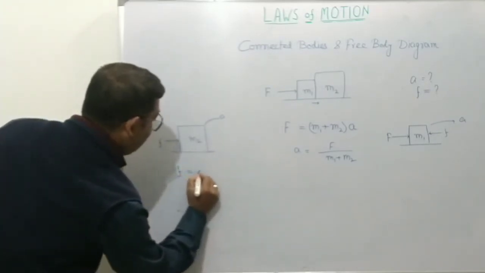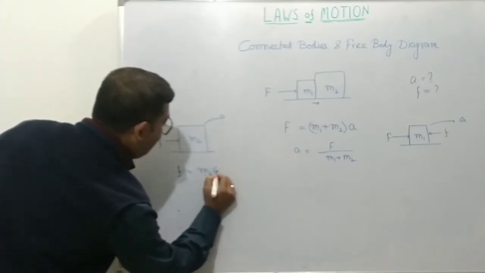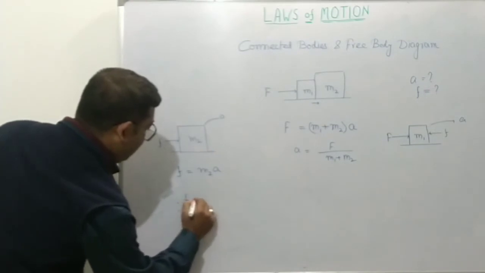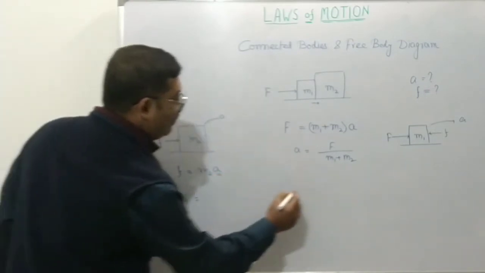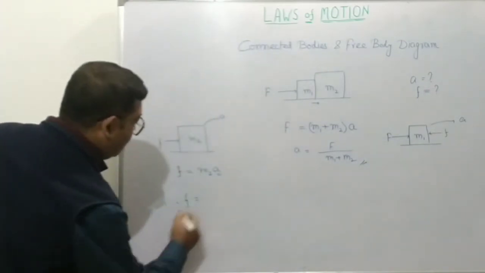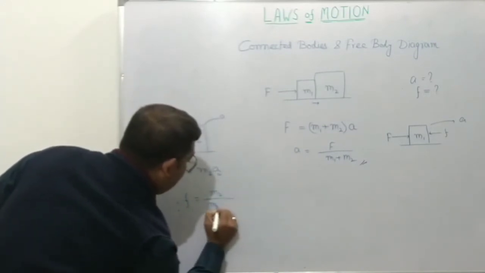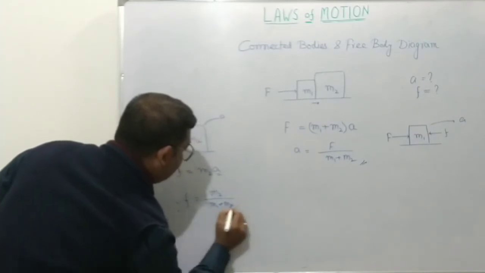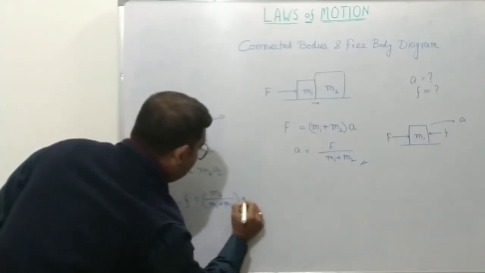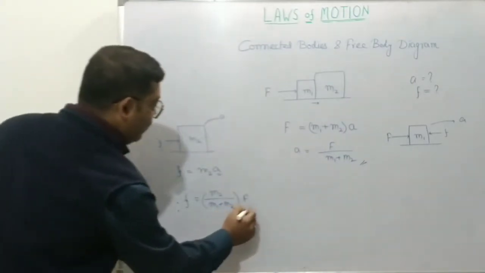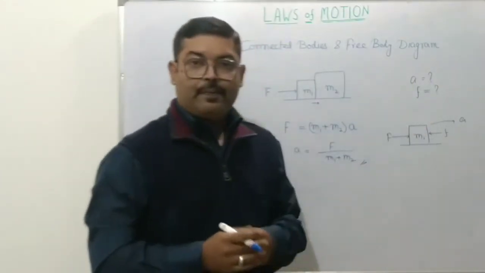The force f will give us the acceleration of m2, so it will be m2 into A. Therefore, f will be equal to, substituting the value of A that we have found here, m2 divided by (m1 plus m2) multiplied by F, and this will be our required solution for f.